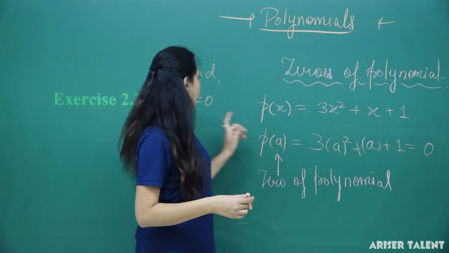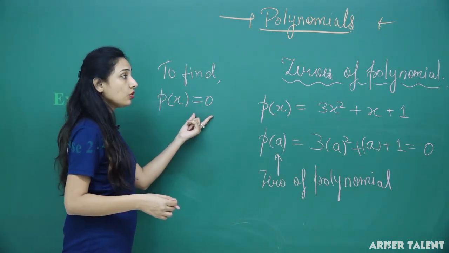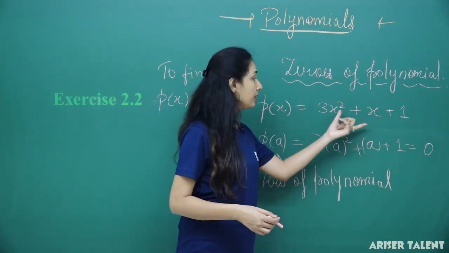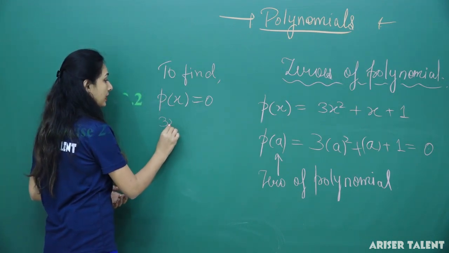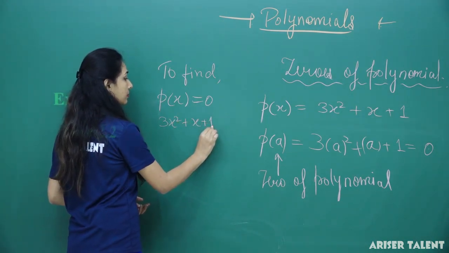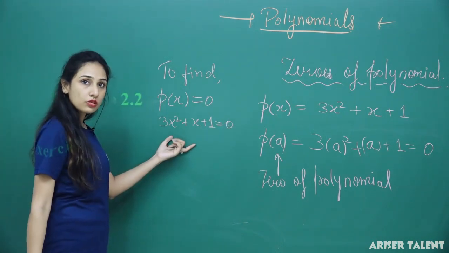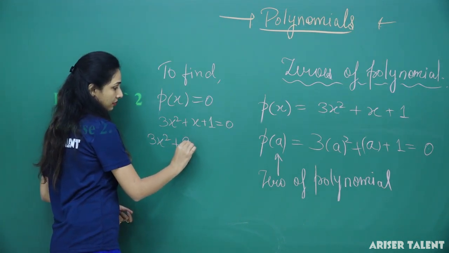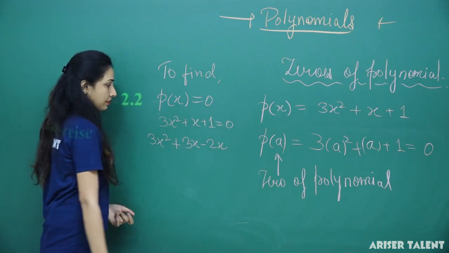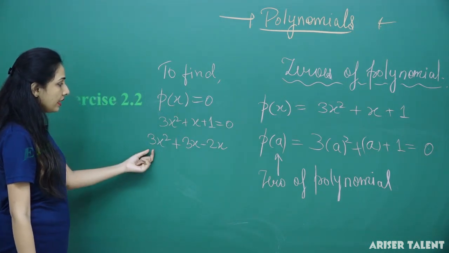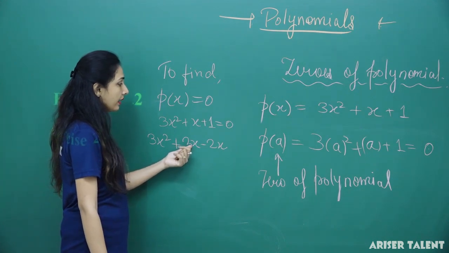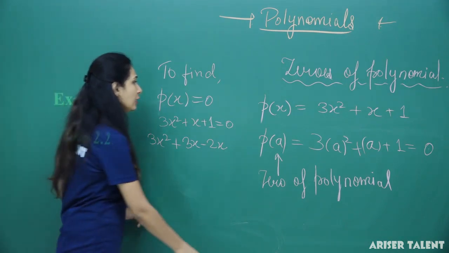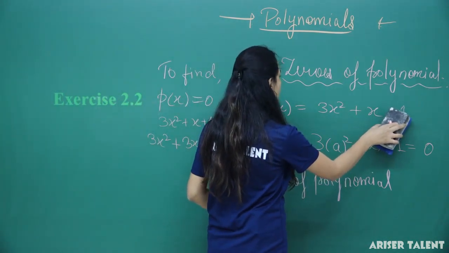So, just do that. If you place p(x) equals 0, then in this particular expression 3x square plus x plus 1 you have, you can just write it here: 3x square plus x plus 1 equals 0, because p(x) equals this. Now you can also write this as 3x square plus 2x minus 2x, 3x minus 2x will make an x, and let us suppose it is not plus 1, it is minus 1.